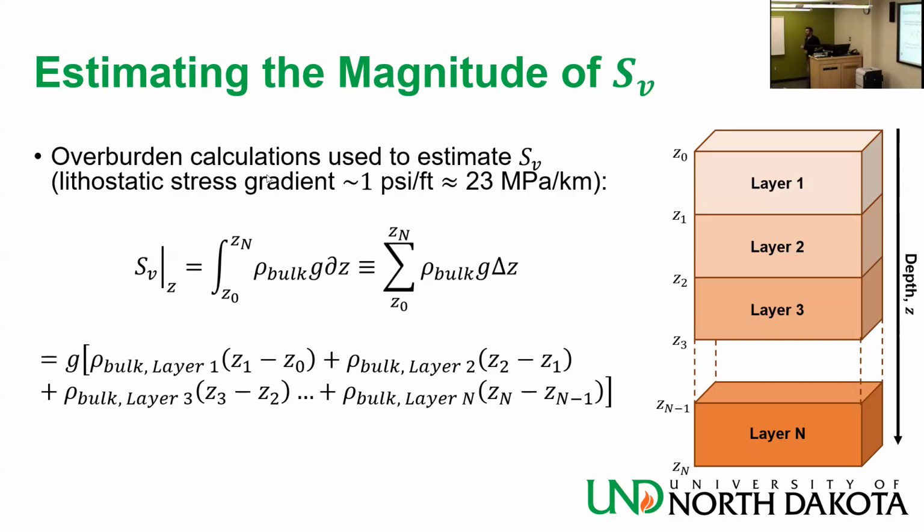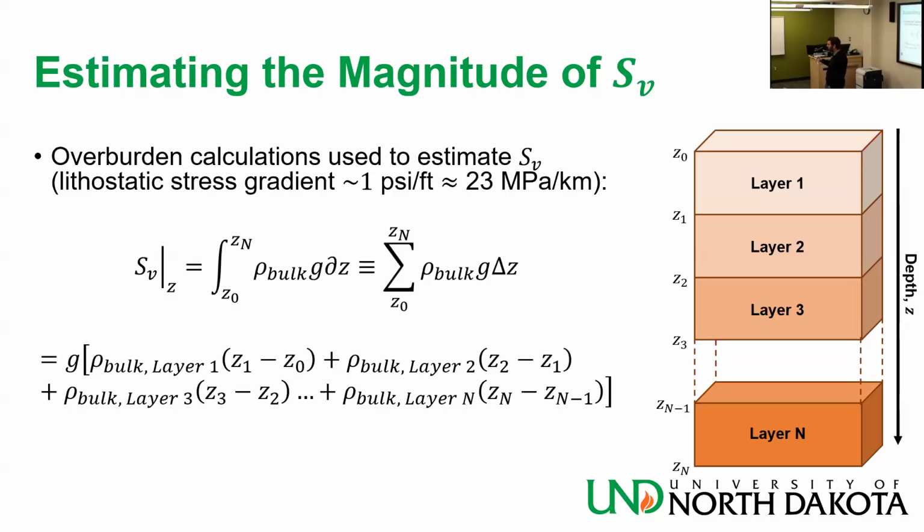Now, in real life, for the depths that we are interested in, something like 23 megapascal per kilometer. Every kilometer depth, I get 23 megapascal. That's the typical, what we call the lithostatic stress gradient, which translates to roughly 1 psi per foot, which is an easy value to remember.